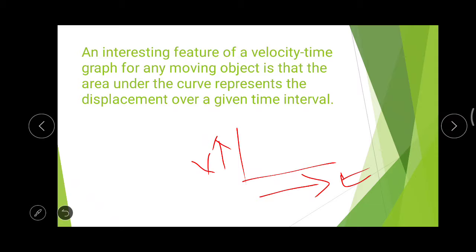So if a velocity time graph is given, the area under the velocity time graph gives you the displacement. Suppose you consider a time t1 over here, then you should find the appropriate velocity for that value, and find the area of this triangle under the graph.